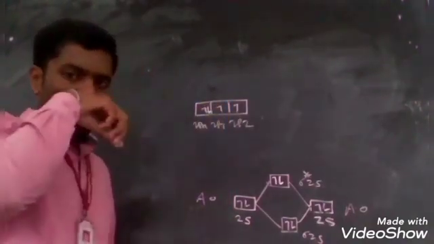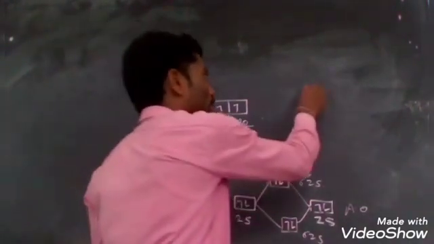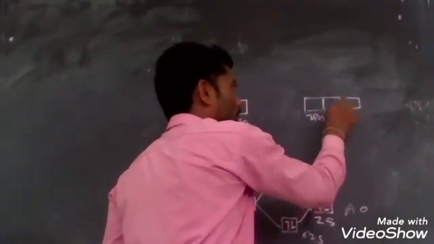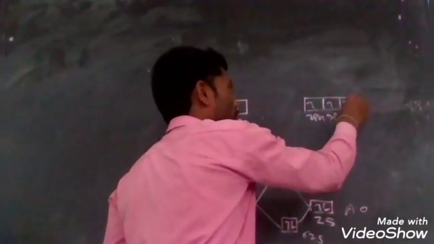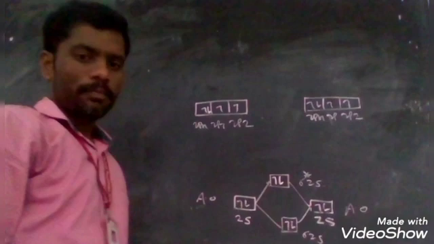We know the p orbital of oxygen has the configuration 2p4. This is for pi 2py and pi 2pz, this is for pi star 2py and pi star 2pz, and this is for sigma star 2px.